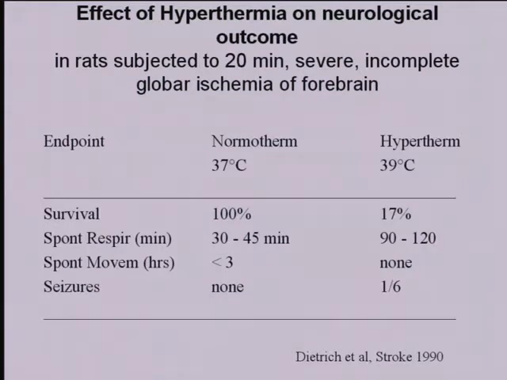Spontaneous respiration came back after half to 3/4 of an hour, took 1.5 to 2 hours in the hyperthermia group. Movements came back within 3 hours, did not come back in the hyperthermia group. Seizures were only observed in the hyperthermia group. So this is an example from an animal experiment that any increase in brain temperature is very bad if you had experienced hypoxic ischemic insult. Next slide.